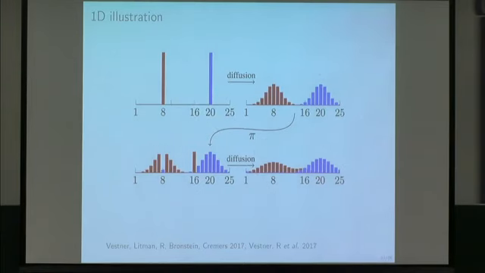Another illustration. Suppose I have this one-dimensional distribution. I have two peaks, one at 8, another at 20, and they are reversed. So I will do diffusion on x. The two peaks will be blurred, and now my correspondence will flip the points at 8 and at 20.